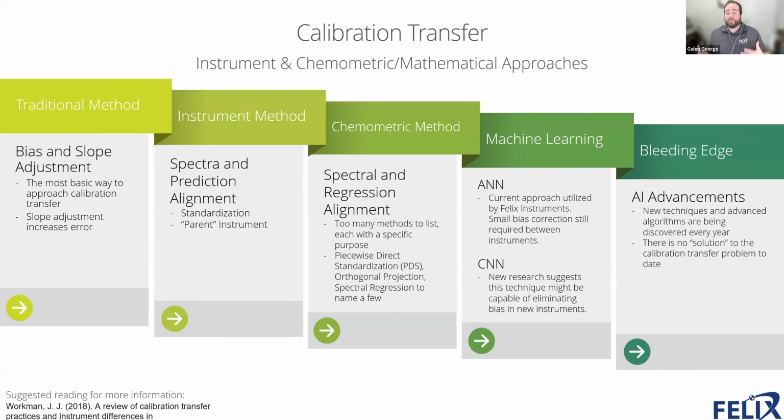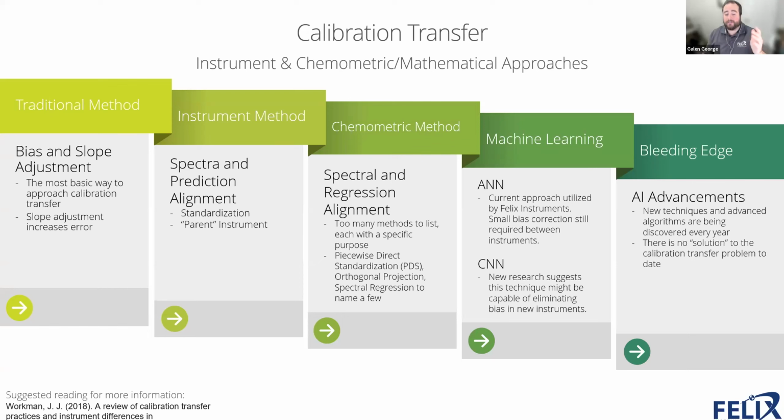So how can we overcome this issue, this calibration transfer problem? There's multiple ways that we go about doing this, and they encompass everything from hardware, like instrument-based methods, to mathematical approaches. And starting off, the most traditional method that was used to address this problem is a simple bias and slope adjustment.